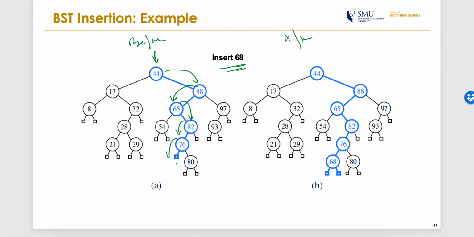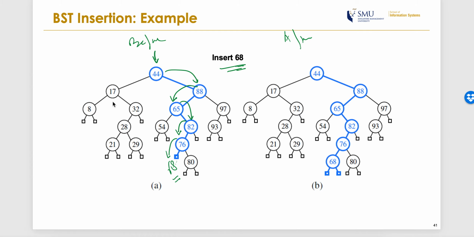So we hit an empty spot. Now if we were searching for 68, we would expect to find it there, and since it's now empty, then we can put 68 there, because anyway, that's where we expect to find 68 when we are searching for it.